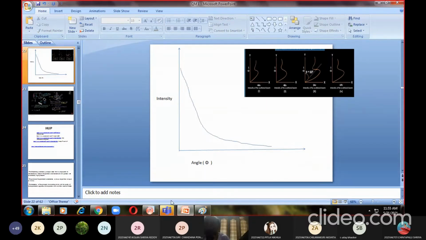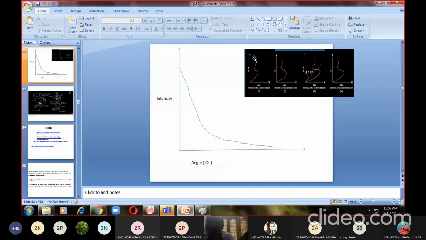That means for very low angles, the intensity is expected to be very high, and after that it is decreasing.